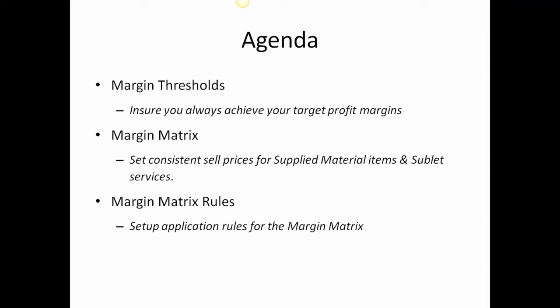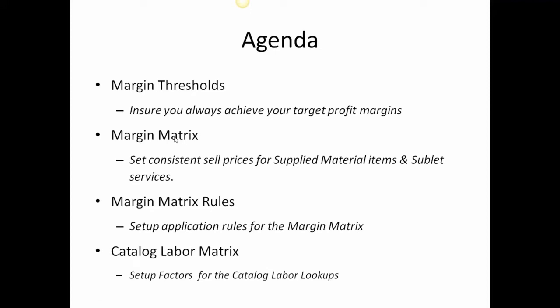We're going to talk about the margin matrix rules, which is where we establish the application rules for how the margin matrix will be applied. And then we're going to talk about a new feature to the software, which is the catalog labor matrix, where you can go in and establish factors or percentages for when you use the labor guides within the software.